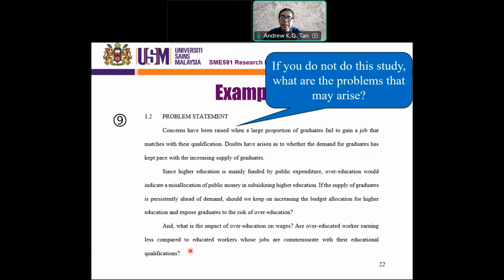Right? These are the problems. These are questions to be examined that this researcher wants to examine in this study. So it is highlighted in the problem statement. So this one is a good problem statement.